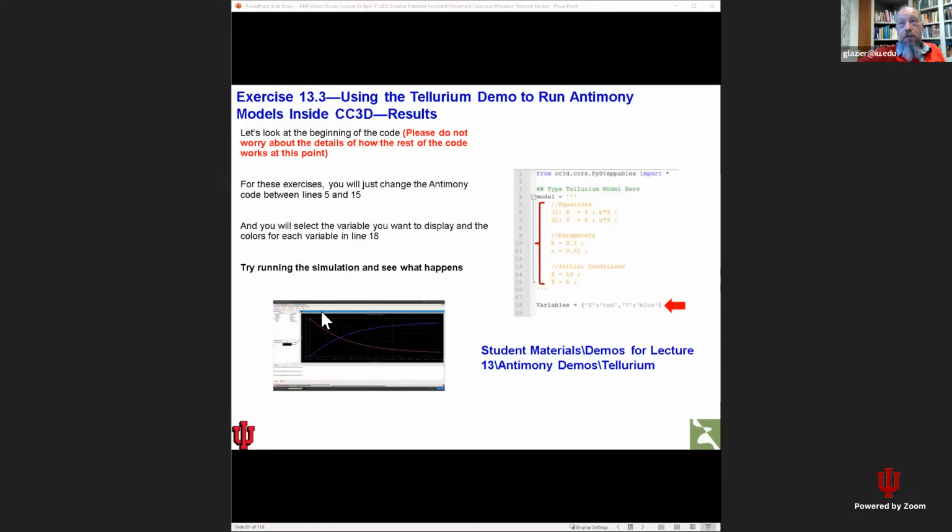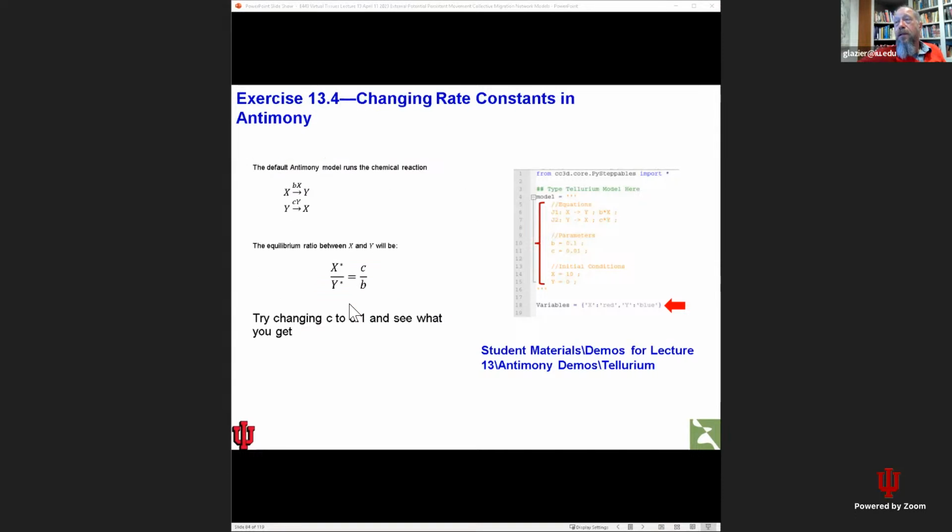So you should get something that looks like this, which it does, modulo the axes labels for me. And if we look in Antimony, what we'll see, and I'm going to switch back to just sharing the PowerPoint for the moment. I think you're only seeing the PowerPoint, yes? Because I need it to be a little bit bigger so that you can see more easily.